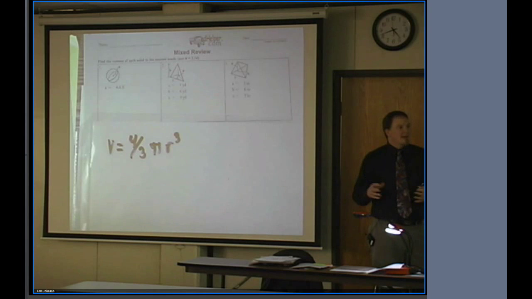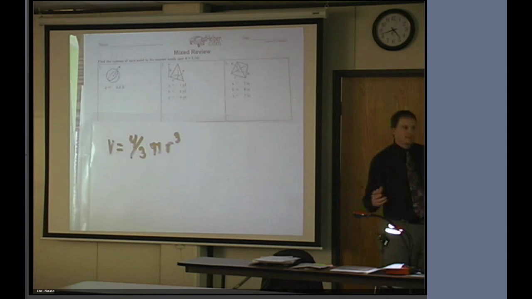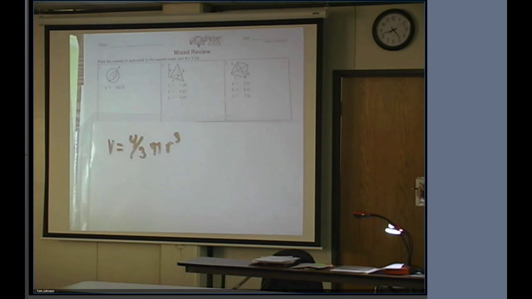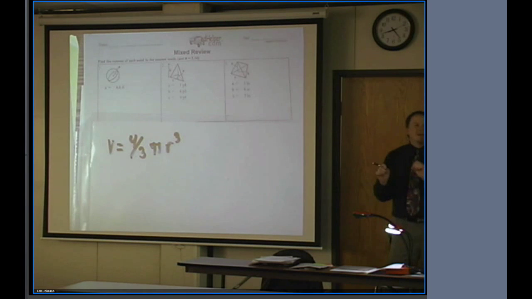But when we're looking at volume, how many dimensions are we looking at? Three. That should help you when you're looking at these problems. Always make sure that when you're dealing with volume, you're looking at that third dimension as well.